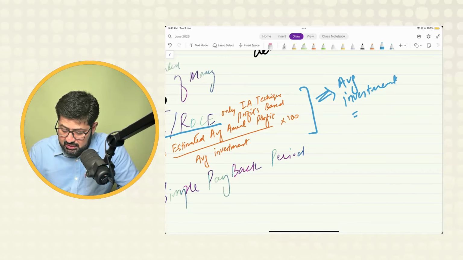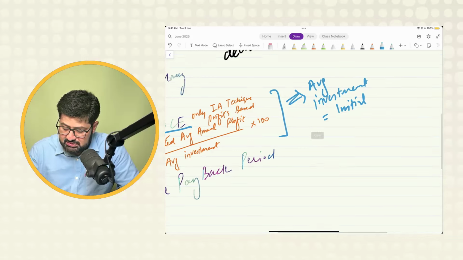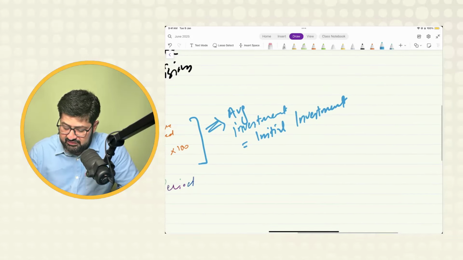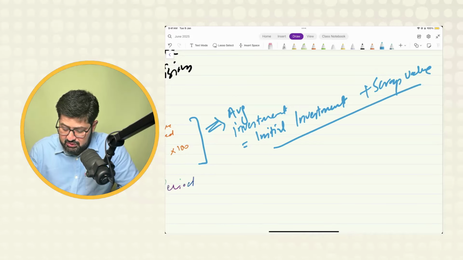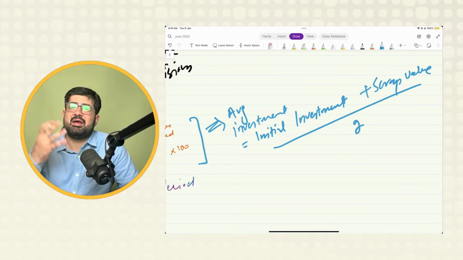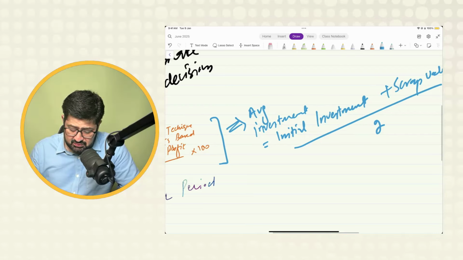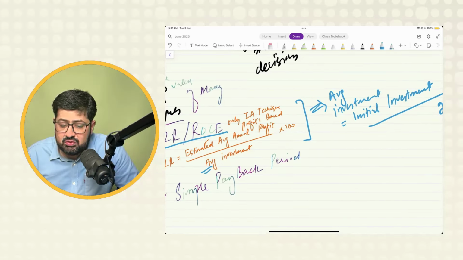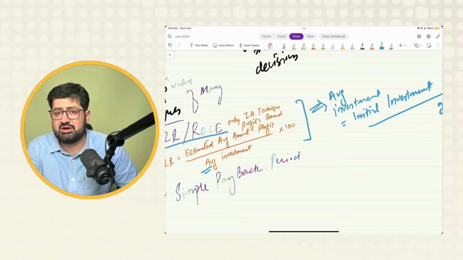How is average investment calculated? Initial investment plus scrap value, divided by 2. Sometimes the examiner specifically asks you not to use average investment, but to use initial investment in the denominator.